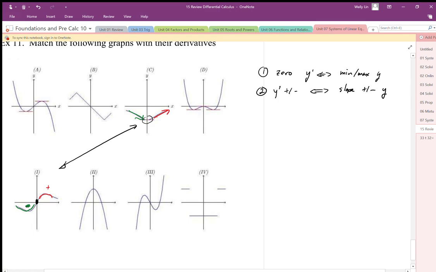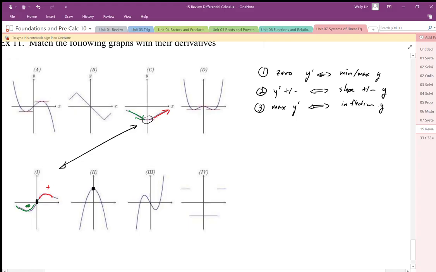The other thing that we can look at is this idea that a max on a derivative represents an inflection or change in concavity on the y. So here we have an inflection.